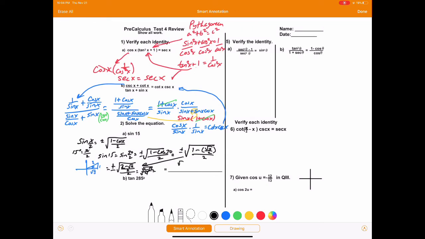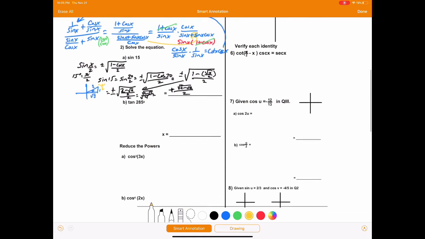And the square root of 4 is going to give me a 2. That looks like a 2, but it's really a 3.